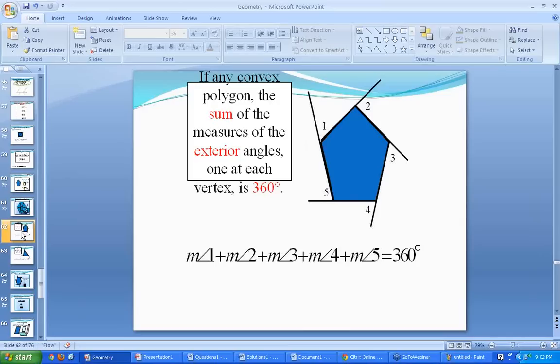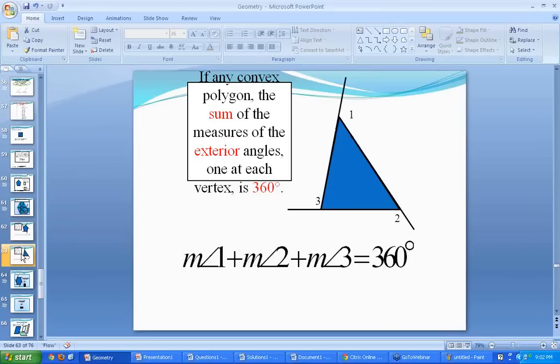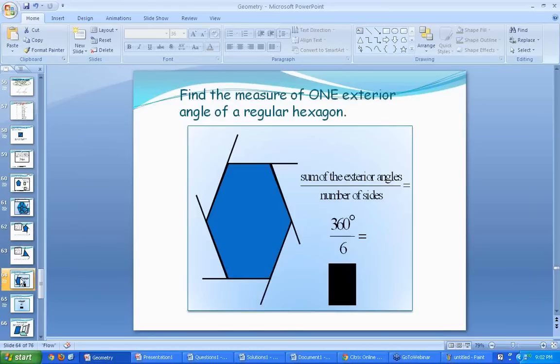Chandan says any polygon will have n minus 2 triangles. Yes, Chandan. Anyway, this formula you should remember, that for a polygon the sum of the measures of the exterior angles will always be 360 degrees. So regarding polygons I have told you the first formula, which is the sum of the interior angles is (n minus 2) into 180. Sum of the exterior angles will be 360. Got it? You can check it with a triangle.